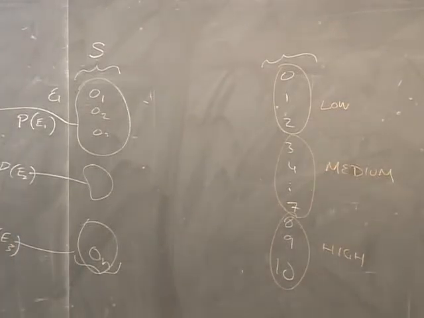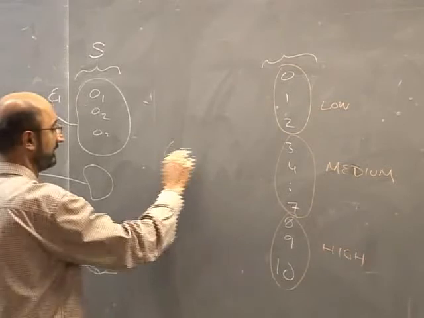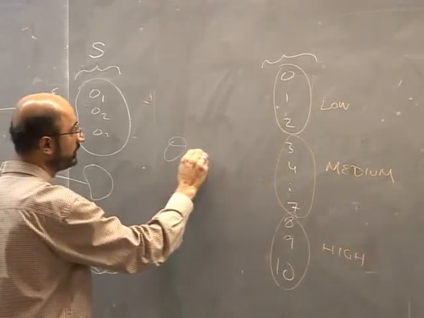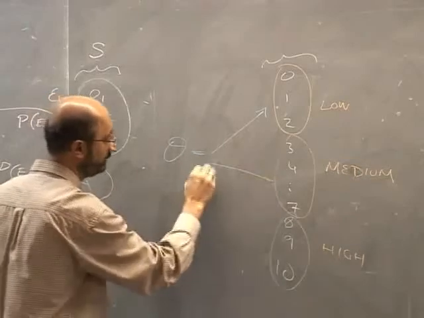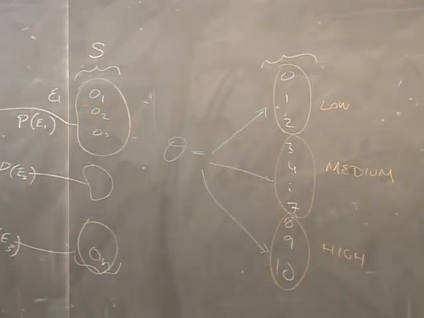So we can think of some random variable. Let's call the random variable O for occupancy. O is going to have the value low, medium, or high. In this case, the domain is not reals. The domain is the three values low, medium, and high. So the domain is these three things.